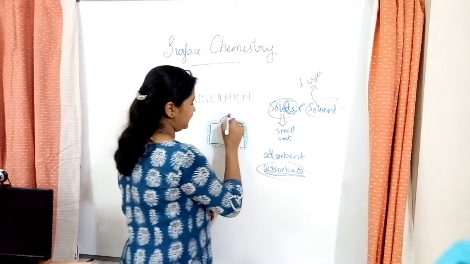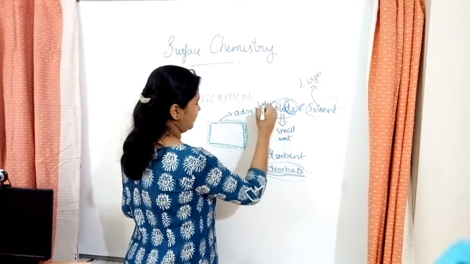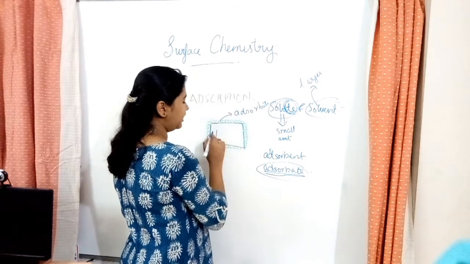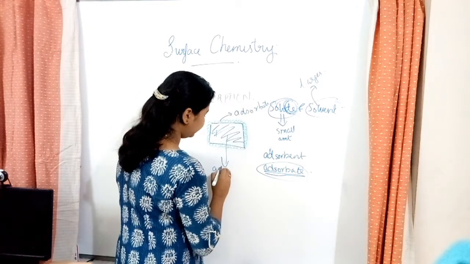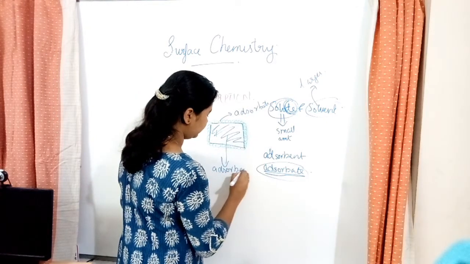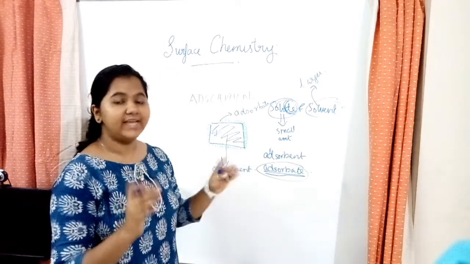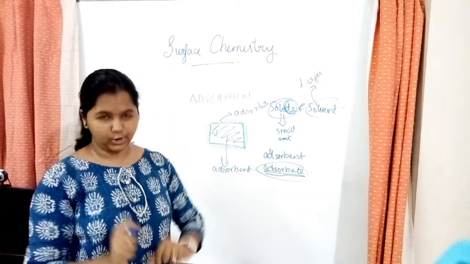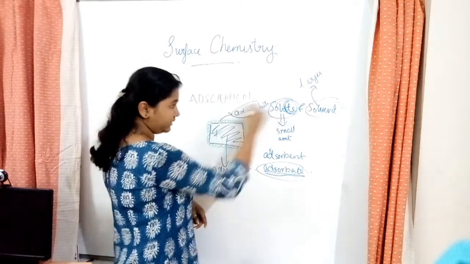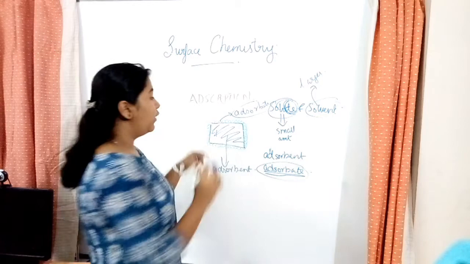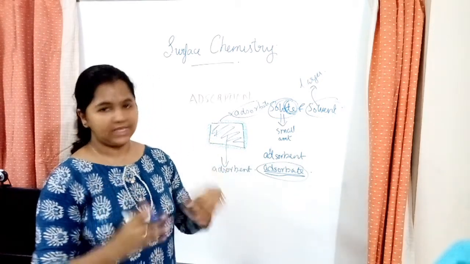The molecular species. So this is the adsorbate, and the bulk or the surface over here is the adsorbent. So what is adsorbent? Adsorbent is a surface where adsorption takes place. Whereas adsorbate is a molecular species which gets adsorbed on the adsorbent.